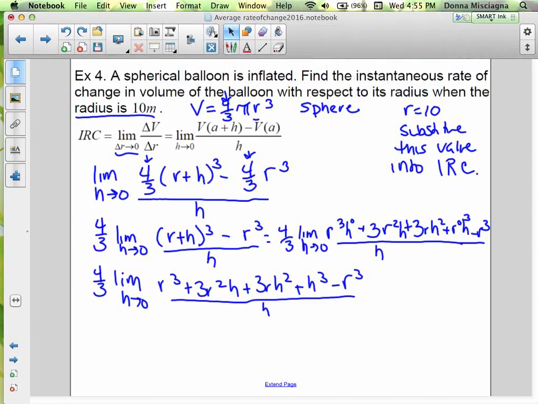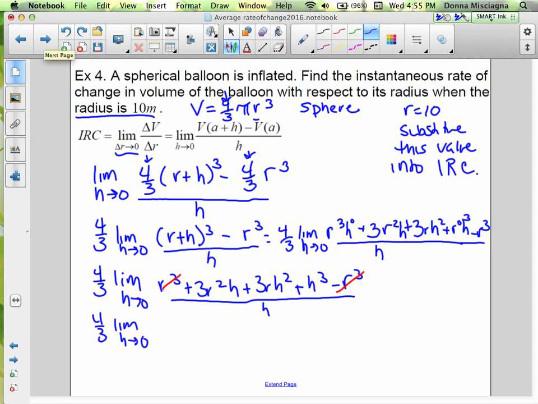And the r cubed is going to cancel, right? Because those are opposites. So we have 4/3 times the limit as h goes to 0 of 3r squared h plus 3rh squared plus h cubed, all divided by h. Well, if you notice, everybody has an h.